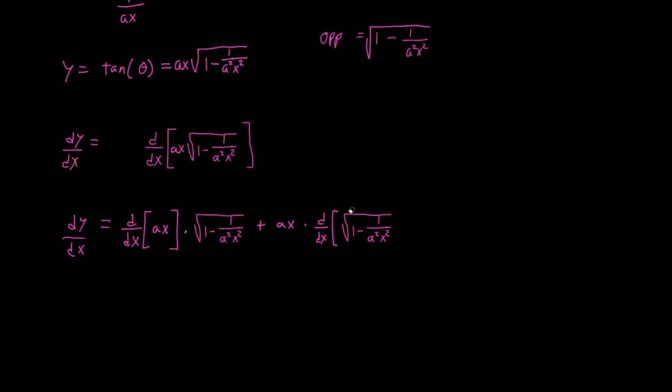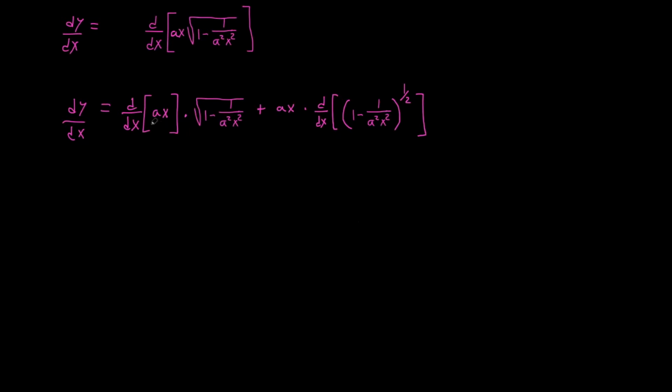And let's, it'll be more convenient to write this square root as an exponent. So the square root of something is the same as saying the 1/2 exponent. And we can start taking the derivative now.